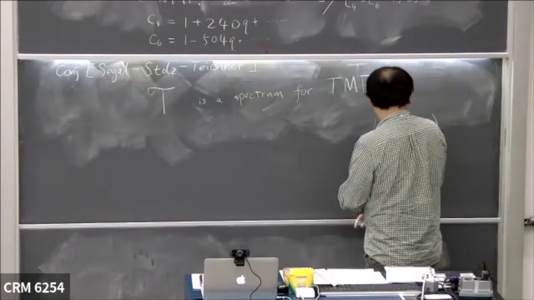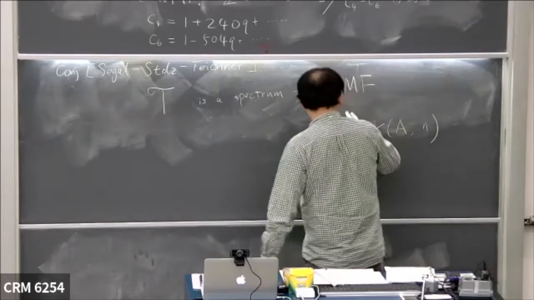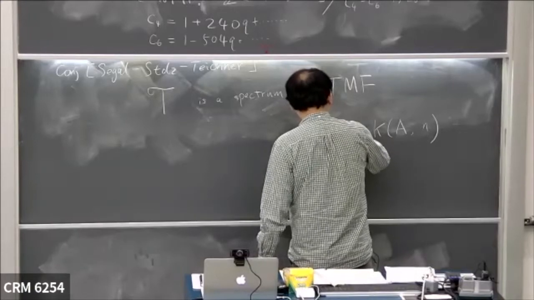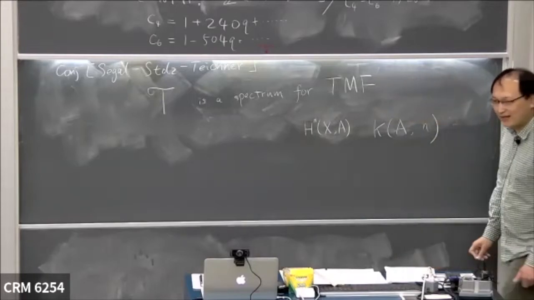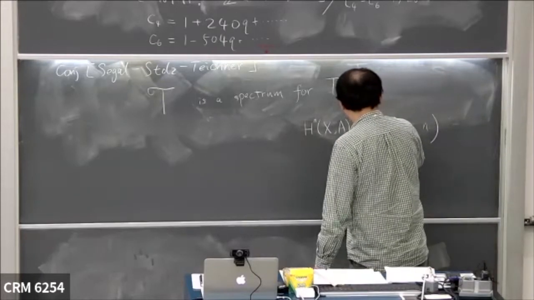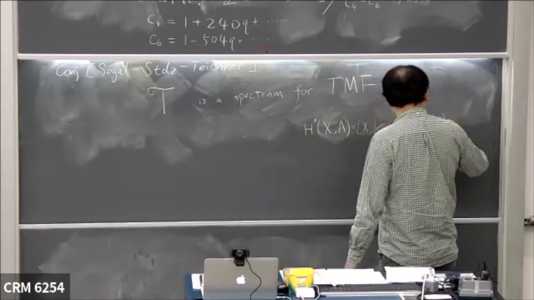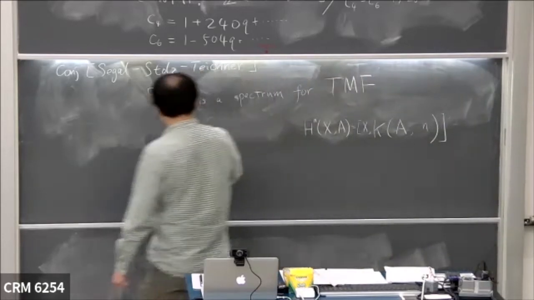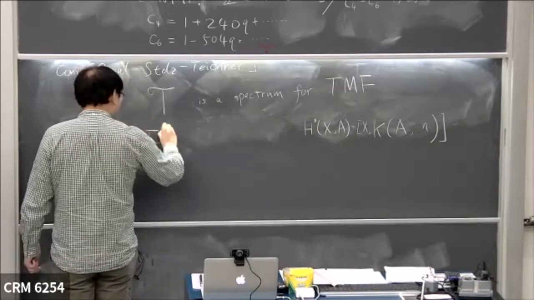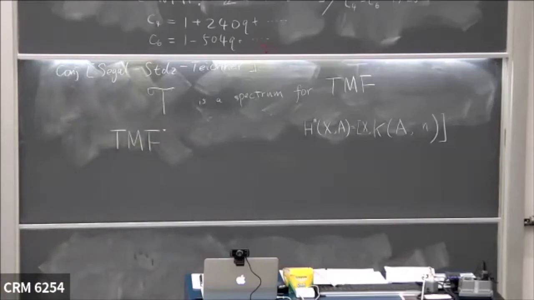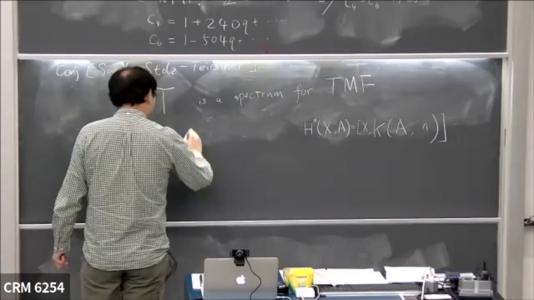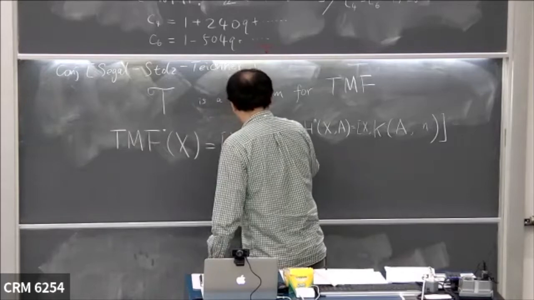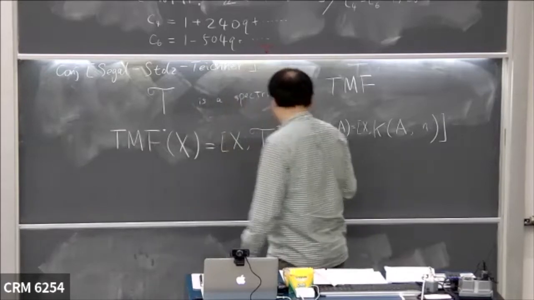They have the property that they represent cohomology, in the sense that if I'm interested in getting this cohomology group in degree n with coefficients in A, then I look at homotopy classes of maps from X to this space. So therefore, what this actually means is that if I'm interested in getting those abelian groups, what this generalized cohomology theory, TMF, associates to a topological space X, I just need to consider maps from X to the space of theories T.